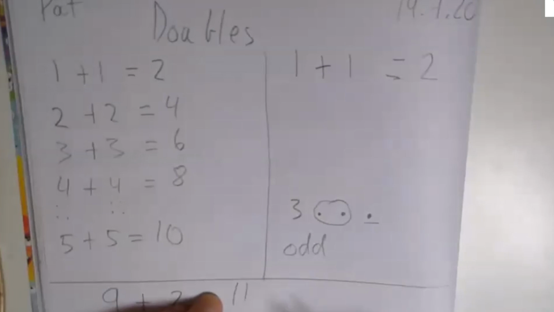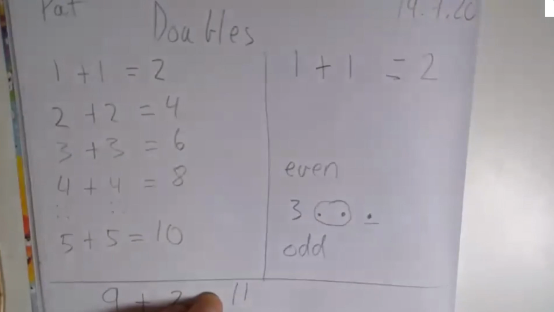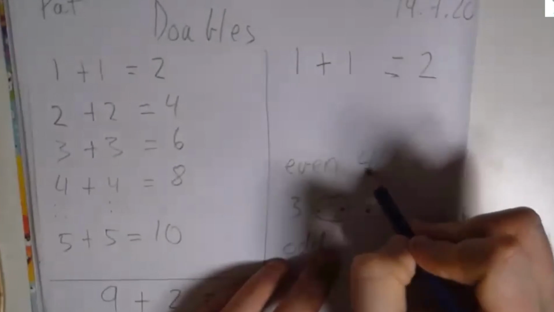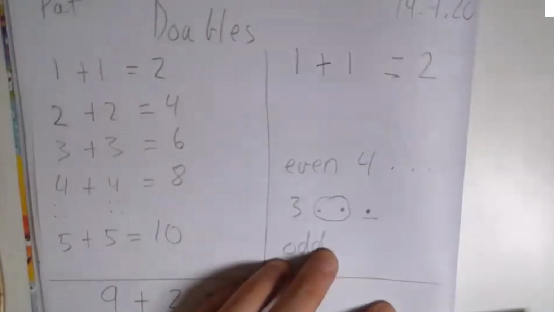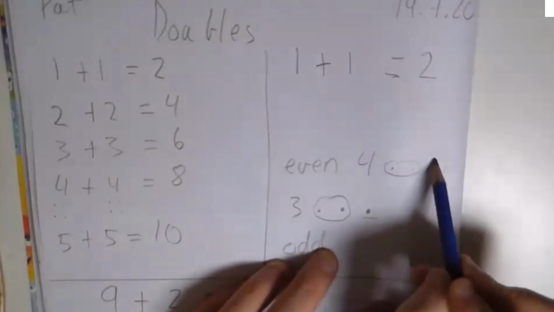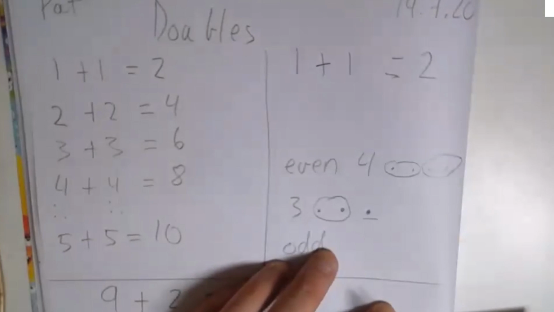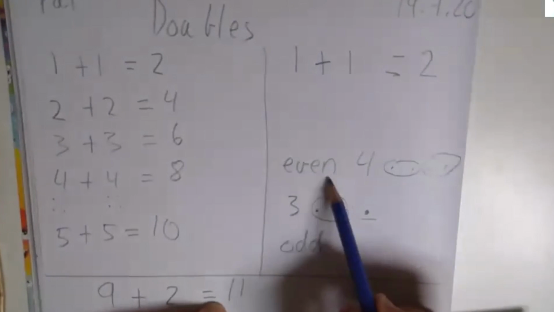So what we are looking for is even numbers. Let me give you an example. 4. Let's have a look. 1, 2, 3, 4 people dancing. 2 people dance together, and another 2 people dance together, and there is no leftover people. So 4 is even.